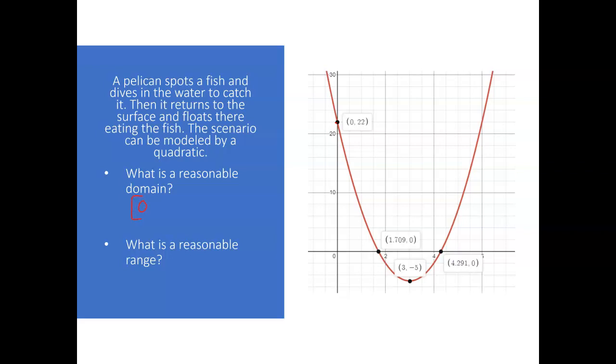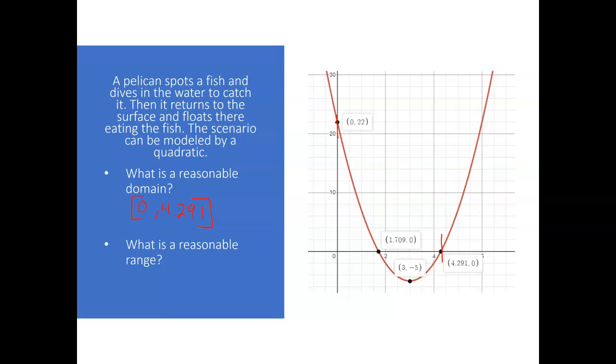When does this particular event end? After how many seconds? It starts here and ends there. I don't care about anything before or after that time. So that's going to be the reasonable domain for that specific section.